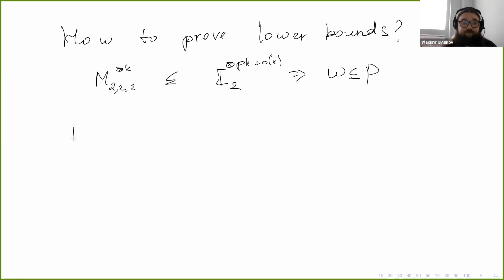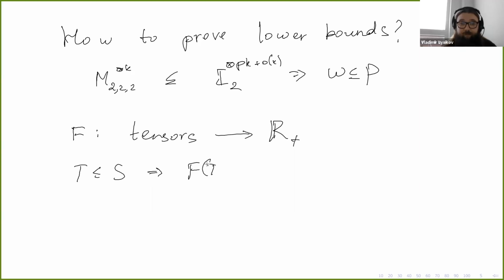Suppose we have a map from tensors to real numbers, let's say positive real numbers, which has the following properties. It's monotone with respect to tensor restrictions, and it's also power multiplicative.